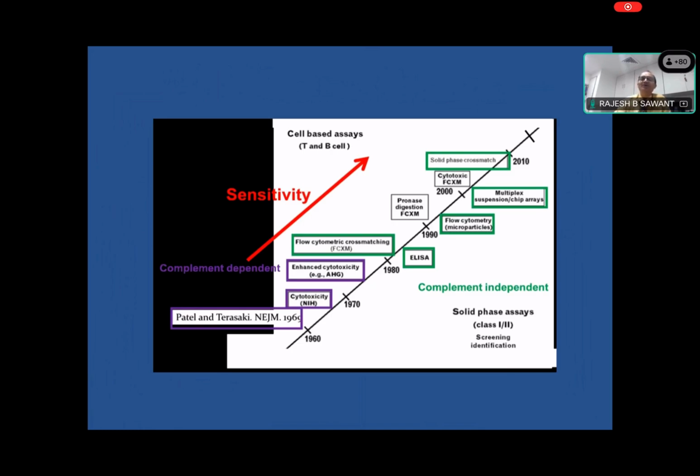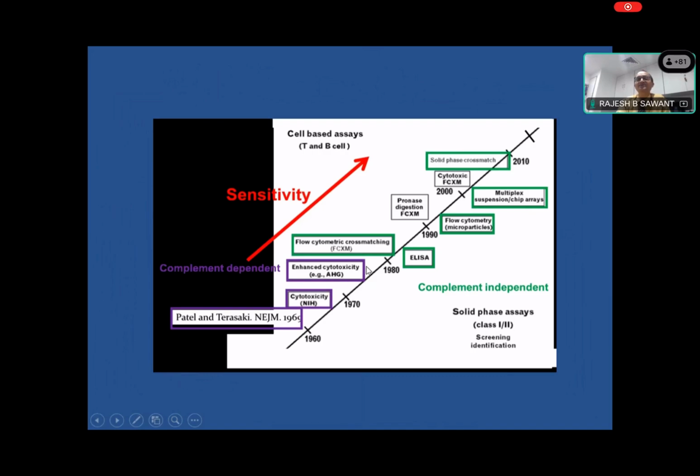So how has the CDC been enhanced today? In 1969, Patel and Terasaki were the scientists who described the basic CDC methodology, which was then standardized, and the NIH protocol for cytotoxicity testing was published in the next year.